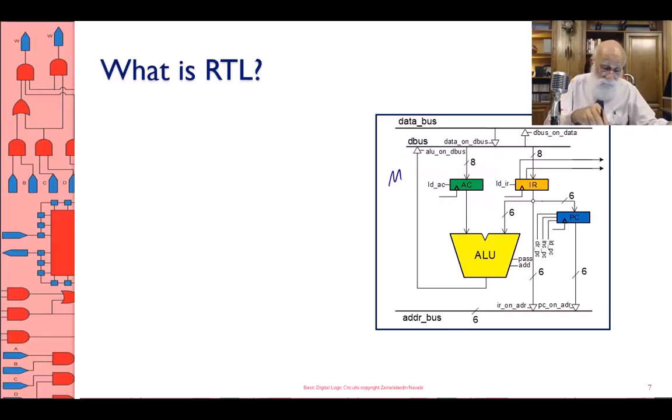And then RTL has two parts. RTL on one side is a part where these operations are done, adding, comparing, and all of these are done. And on the other side of RTL is a control unit that tells these RTL components what to do, or when to compare, when to add, and so on.